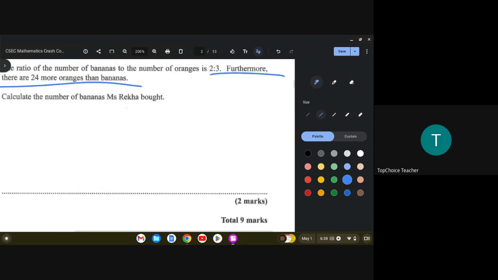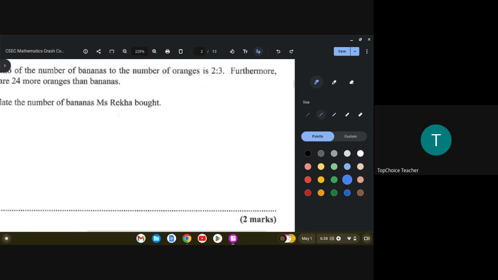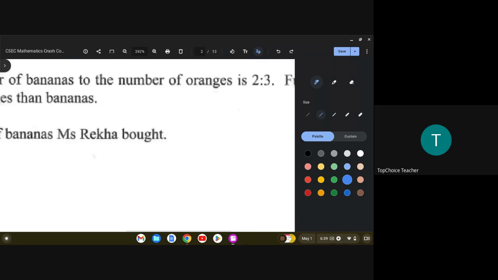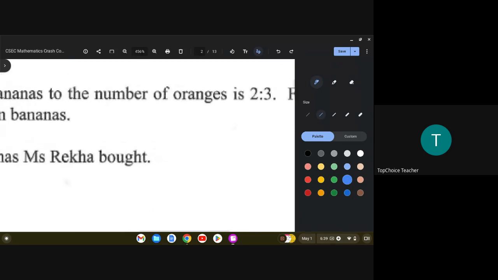If there are 24 more oranges than bananas, if we were to write an expression for the number of bananas, what would you think? X, very good. That is the first thing I'm going to write here.